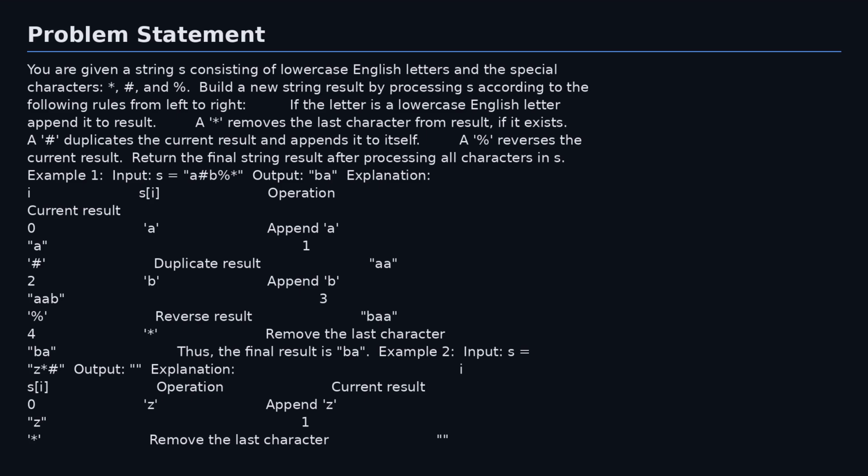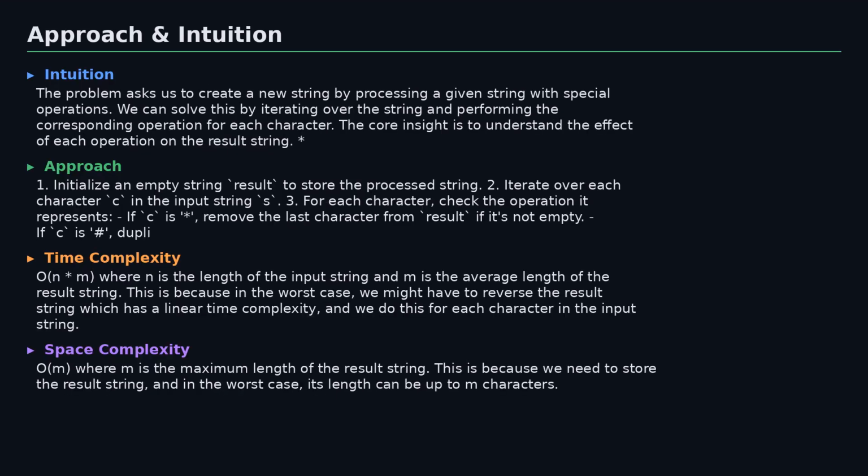So, the core insight here is to understand the effect of each operation on the result string. Think of it like building a tower with blocks. Each character in the input string is like a block, and the special operations are like instructions on how to modify the tower. When we encounter a star, it's like removing the top block from the tower.